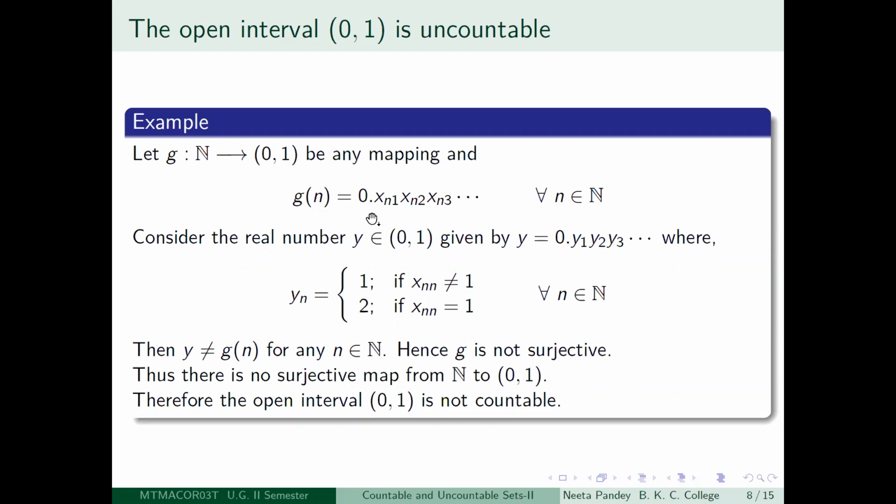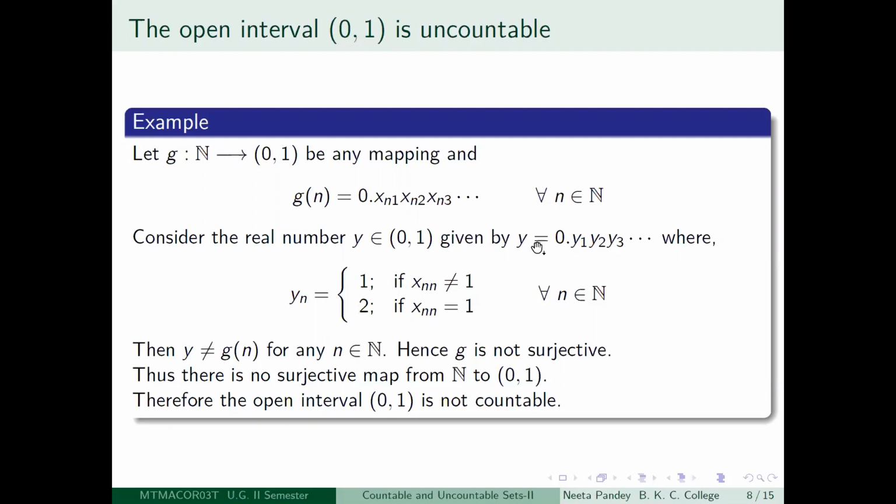So you can just name what the images of 1, 2, 3, etc. are going to be. Now you construct a decimal number. Suppose y is equal to 0.y1, y2, y3, etc., where yn is equal to 1 if xnn is not equal to 1, and yn is equal to 2 if xnn is equal to 1.